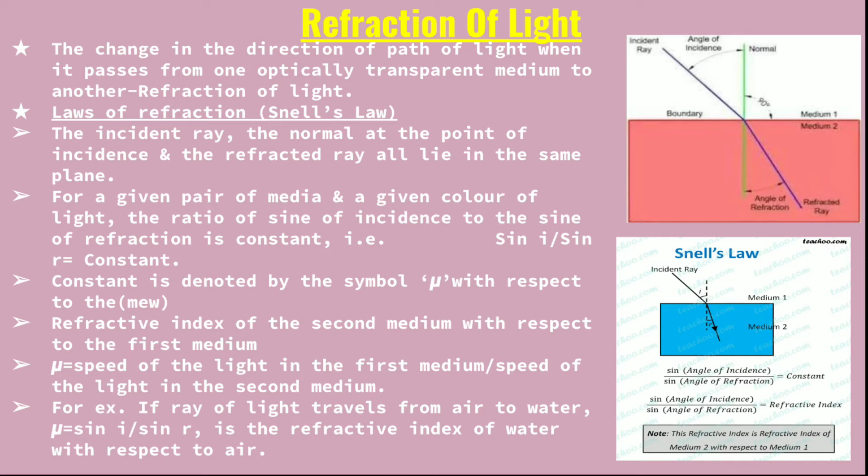And mu is equal to the speed of light in the first medium divided by the speed of light in the second medium. For example, if a ray of light travels from air to water, air is the first medium and water is the second medium.